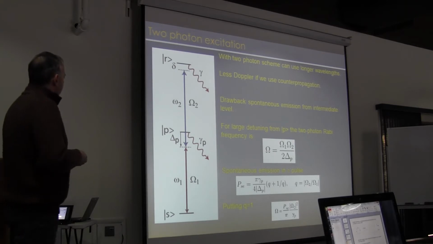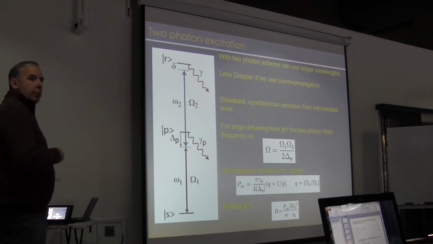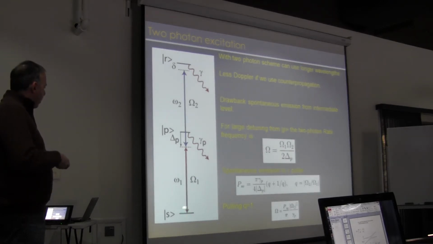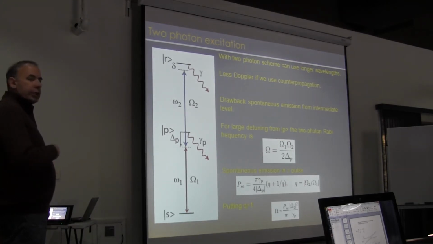The drawback is that you get spontaneous emission from this intermediate p state. If we detune substantially from the p state, then the two-photon Rabi frequency is the product of the one-photon Rabi frequencies divided by twice the detuning, and you can readily calculate the spontaneous emission in a pi pulse, which gives you full transfer of population from the ground to the Rydberg state.